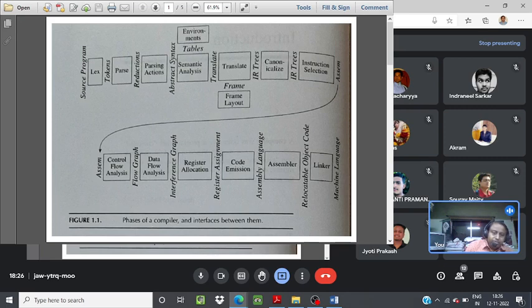Parsing, semantics, canonicalization, lexical analysis, all these terms we use in NLP, and these are techniques in NLP as well. Yes, this is similar, because that is also natural language processing.